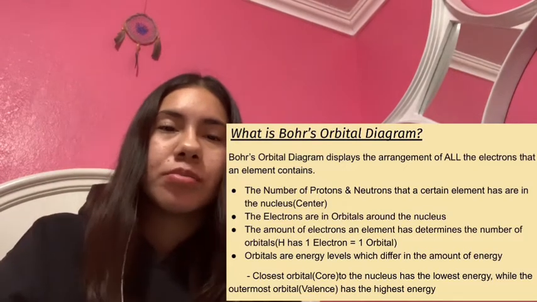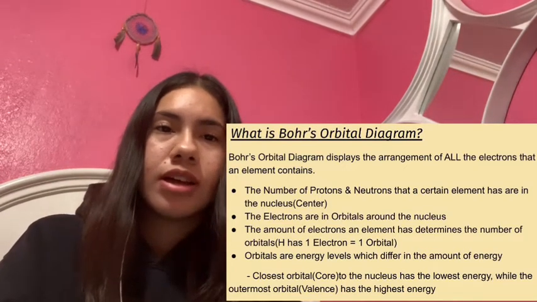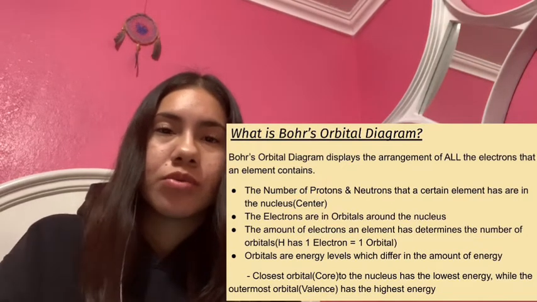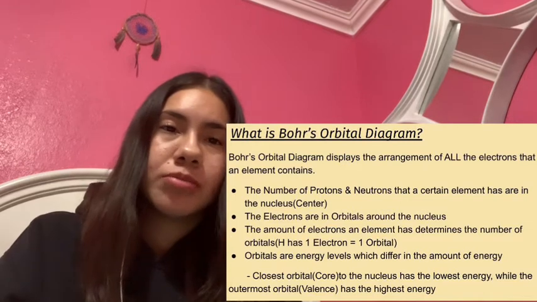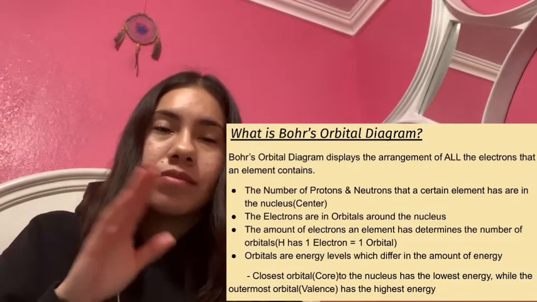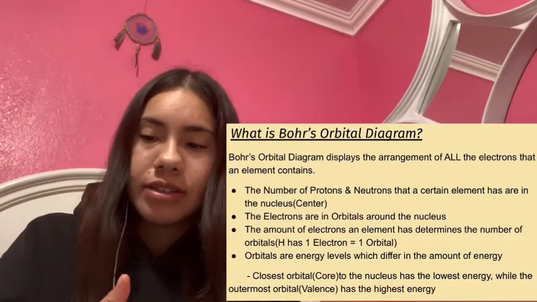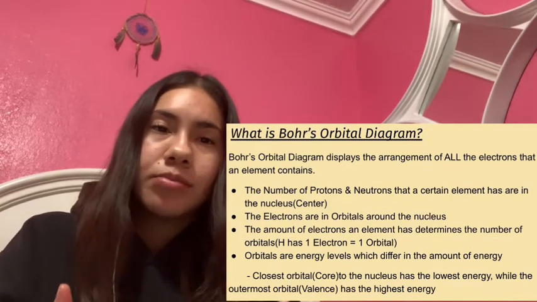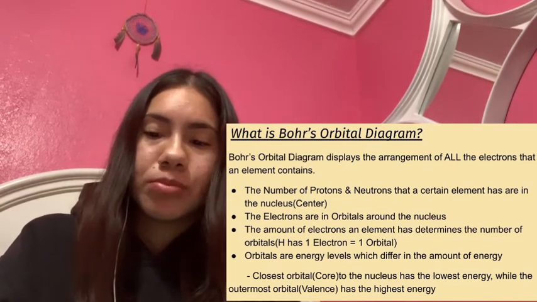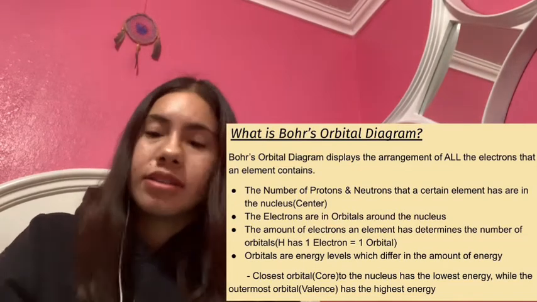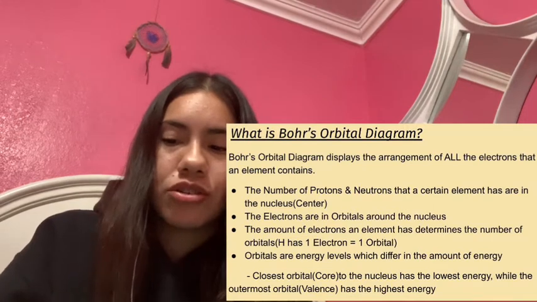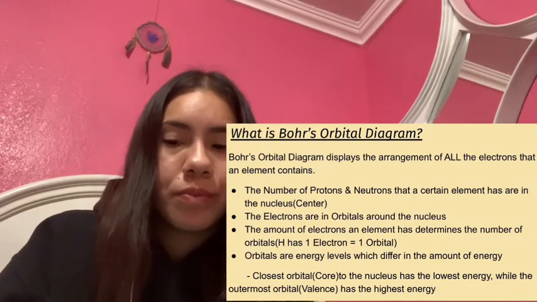Around the nucleus are orbitals, where you display the electrons that an element has. The amount of electrons determines the number of orbitals. In parentheses I put H, which is hydrogen, has one electron, which equals one orbital.